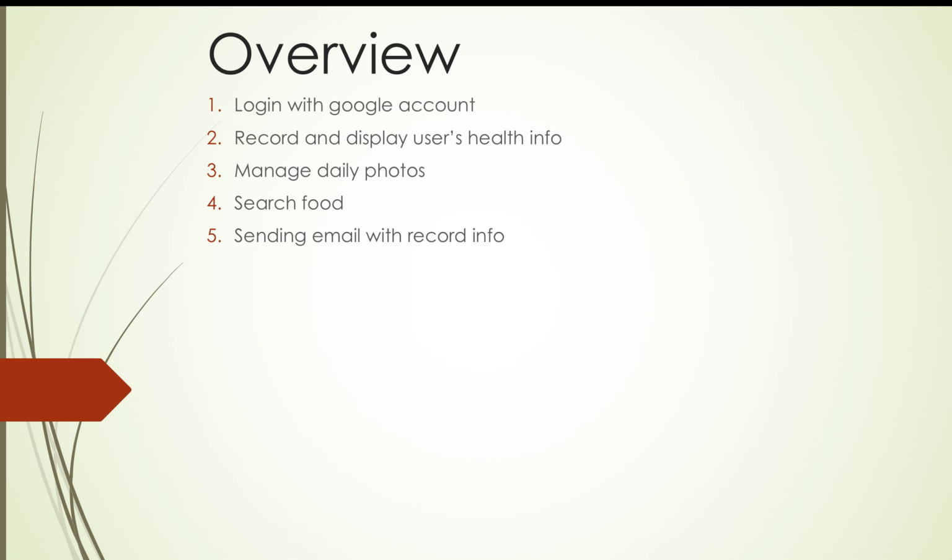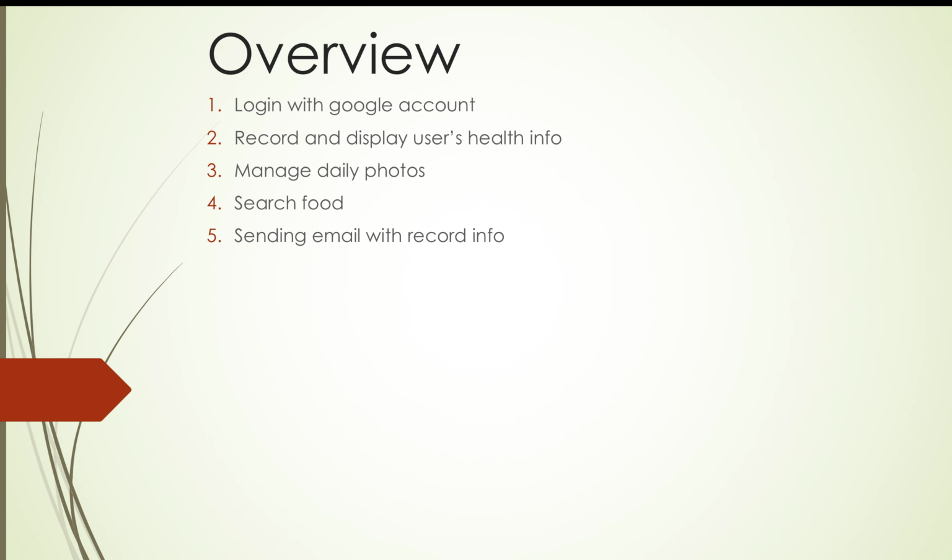Another part is that it lets you manage your daily photos. You can create albums, add photos to an album, delete photos, and see the gallery of all the photos within an album. You can also search for food in one location, and it gives you a marker for each restaurant.